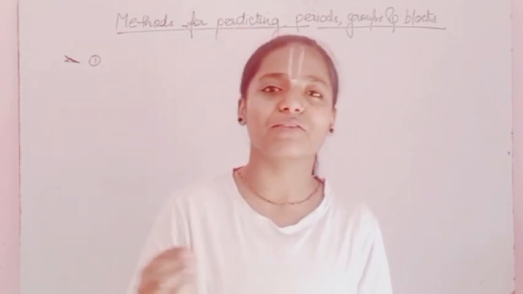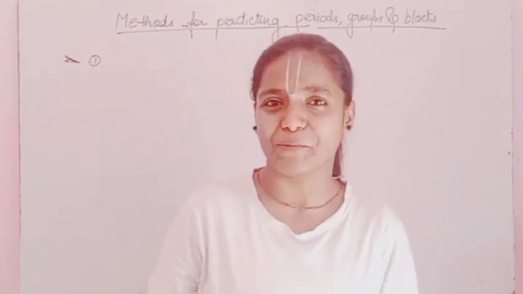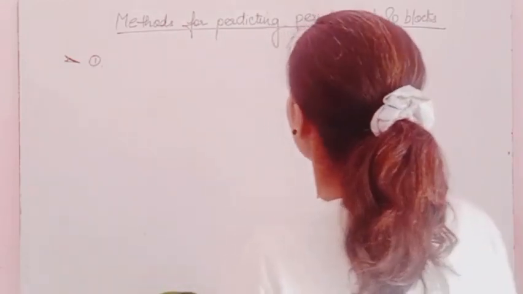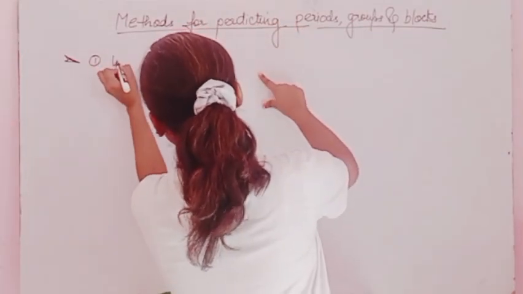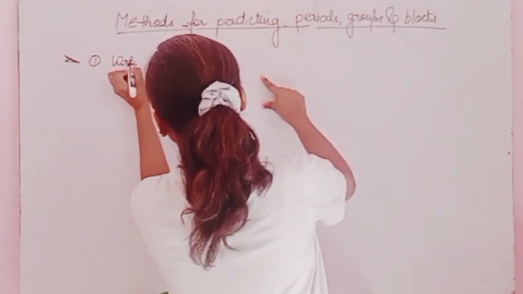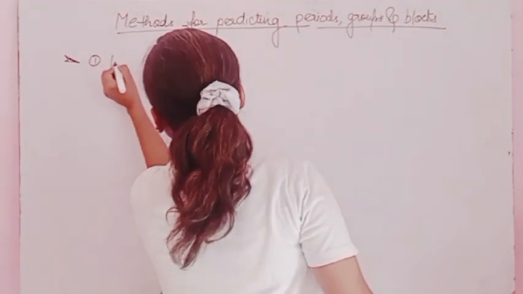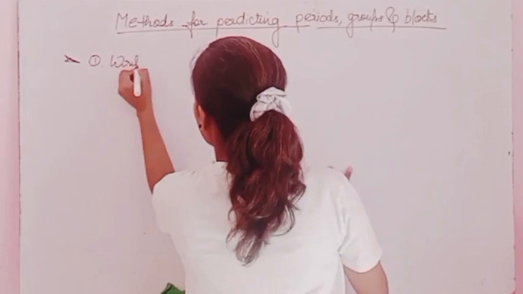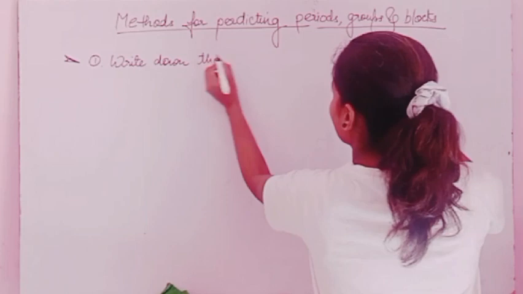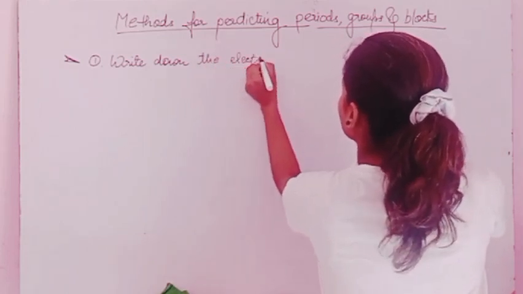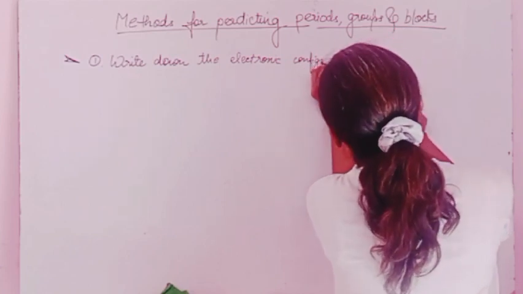Writing the electronic configuration on the basis of your noble gases will help you more. But let's begin by writing the electronic configuration of the element. So the first step is to write down the electronic configuration of elements.